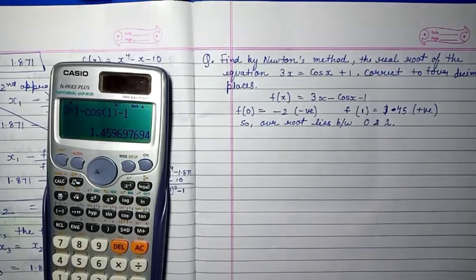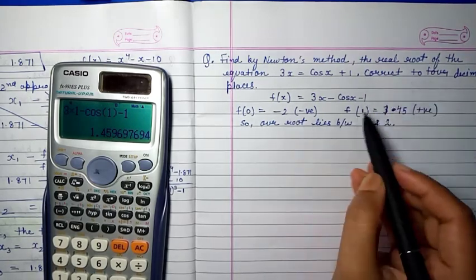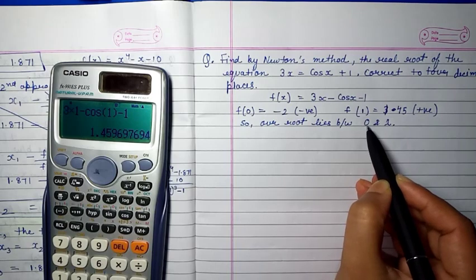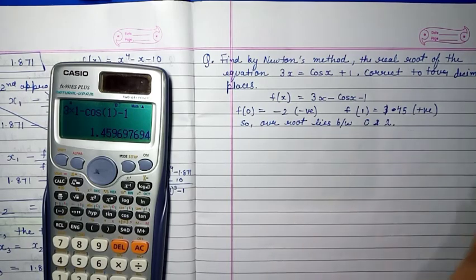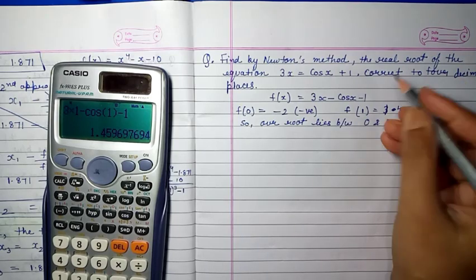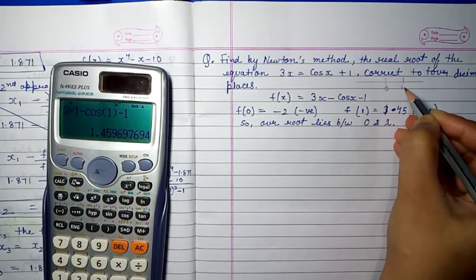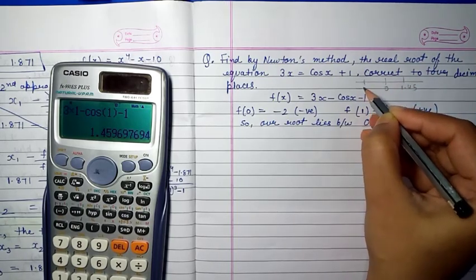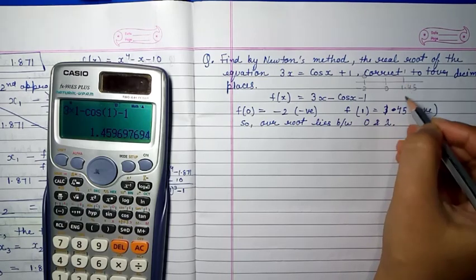As 1.45 and minus 2, if we see the number line, then my root is very near to 1. You can draw a number line, and here I am drawing 0, and at 0 we are getting minus 2, and at 1 we are getting 1.45.